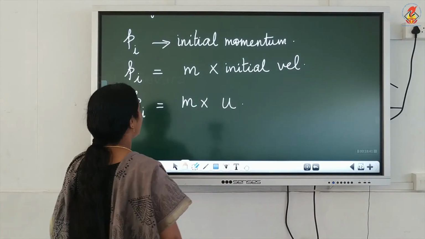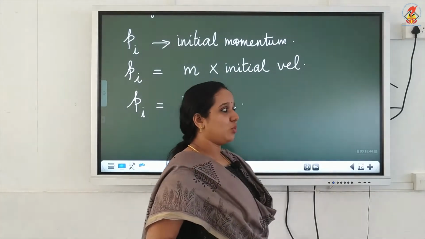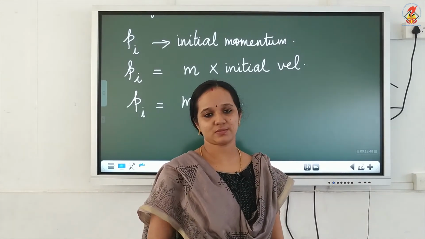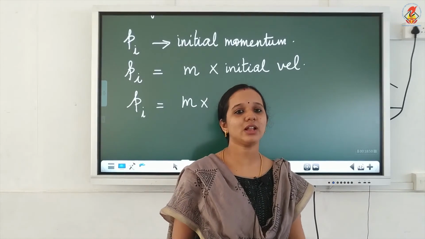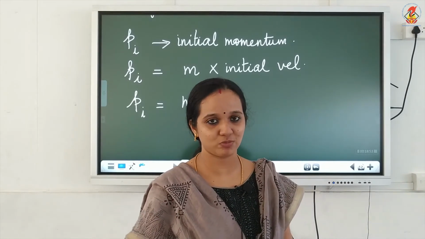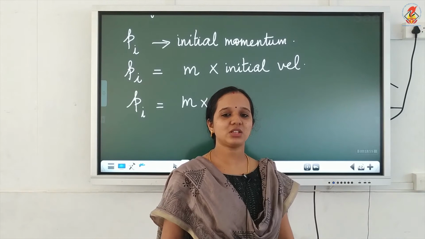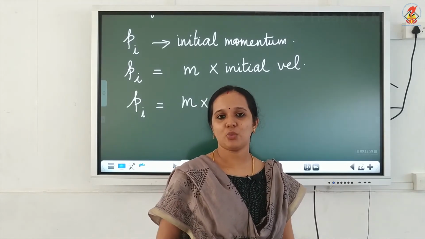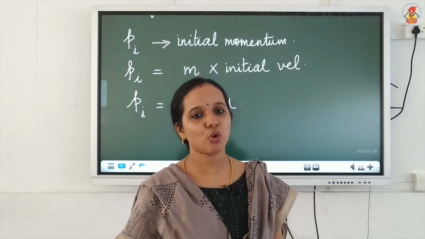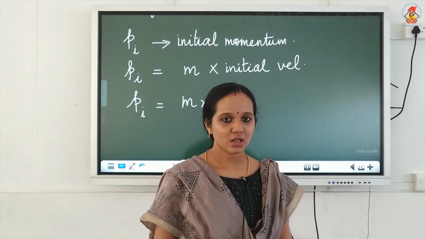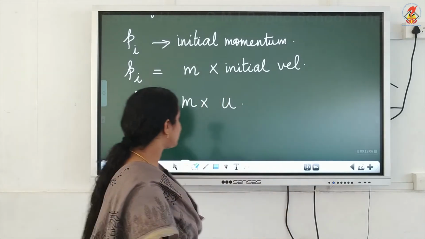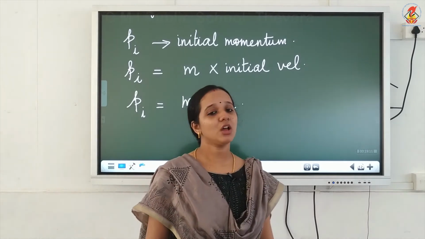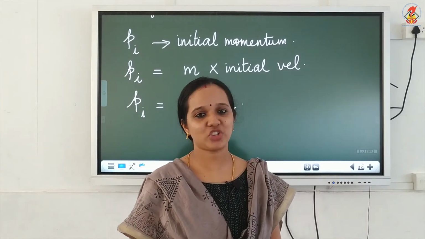Now, we applied an external unbalanced force onto it. When we apply an external unbalanced force onto that object, the velocity will change from u to v, and hence momentum also will change.